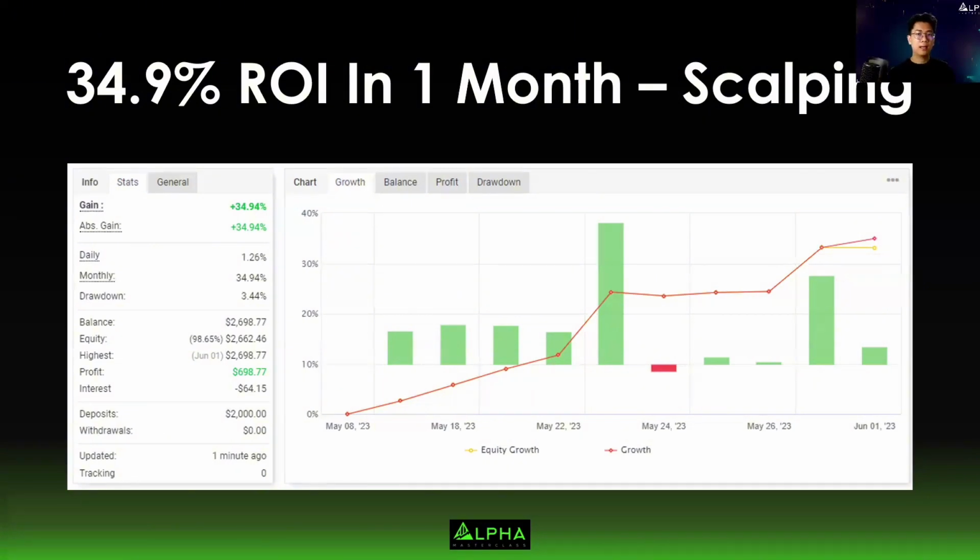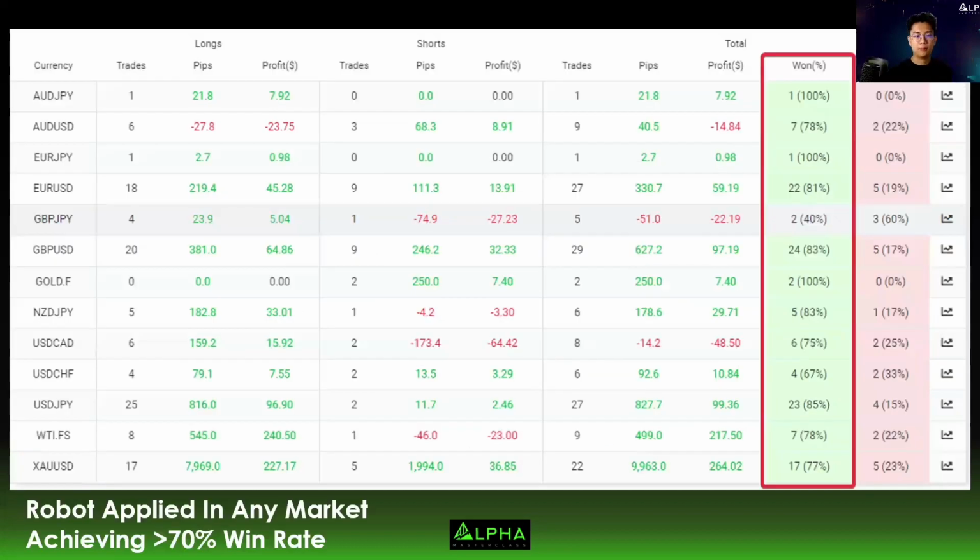And this is for scalping, which is short-term trading. This person has been trading a lot of markets, up and down. You can see the win rate here is almost every market more than 70%, on H1, just on H1, in a single month.